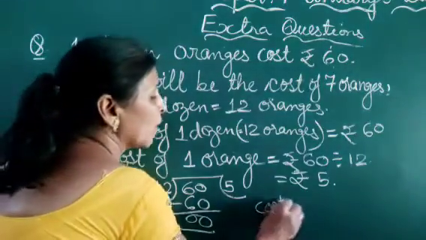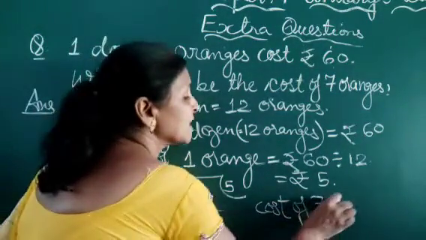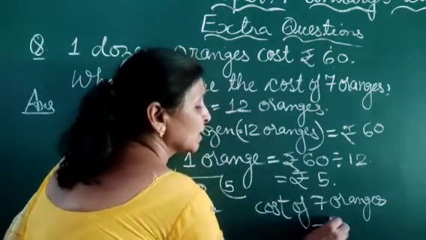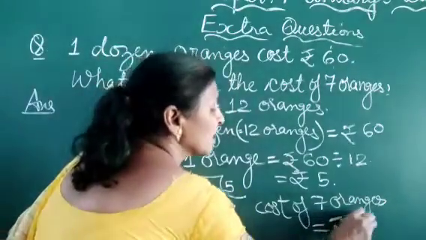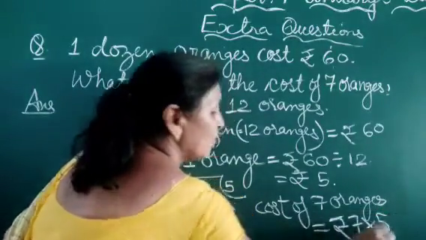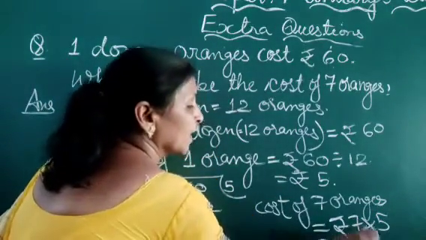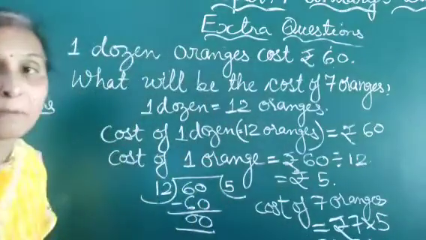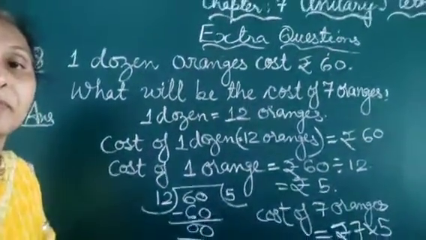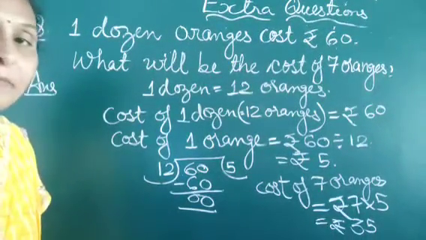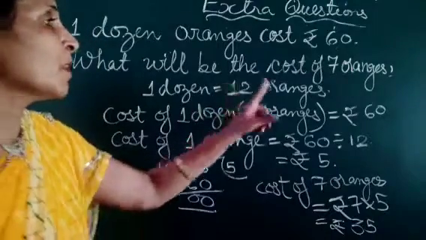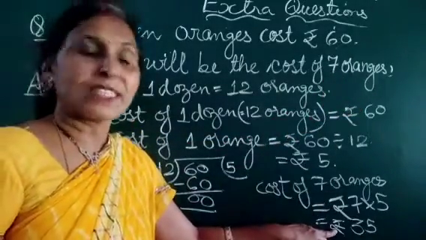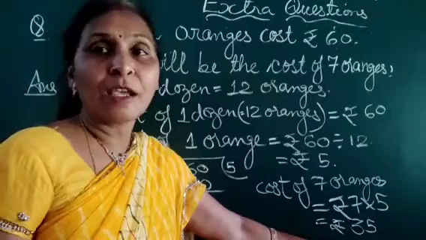Now we find the cost of 7 oranges is equal to rupees 7 multiplied by 5. Then 35 rupees, 35 comes. So what will be the cost of 7 oranges? The cost of 7 oranges is rupees 35.